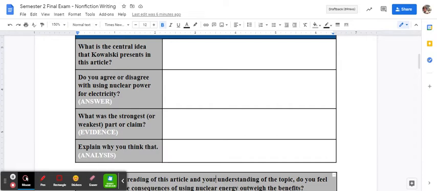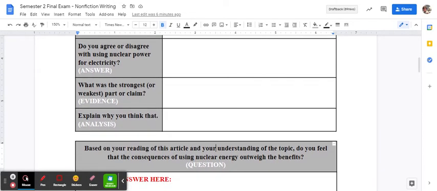So what was the strongest or weakest part of the claim? So when you go out there and you're looking in that article, what's the best piece of information to really back up, if you say yes, we should be using it, what is the part that you believe is the best reason for that? Or likewise, if you say no, then give us the best reason you could find for not using it.